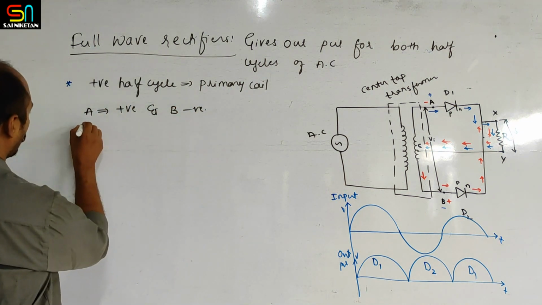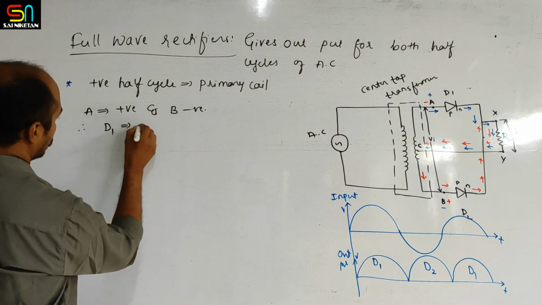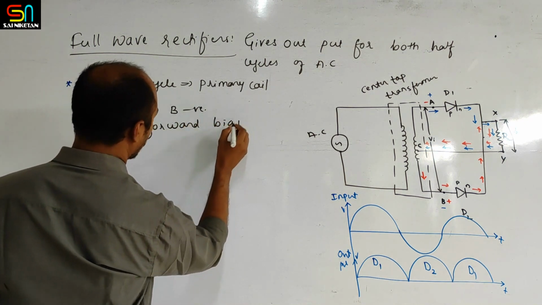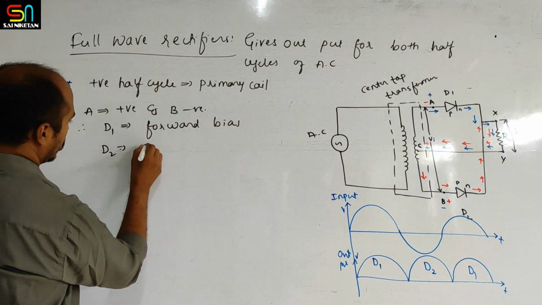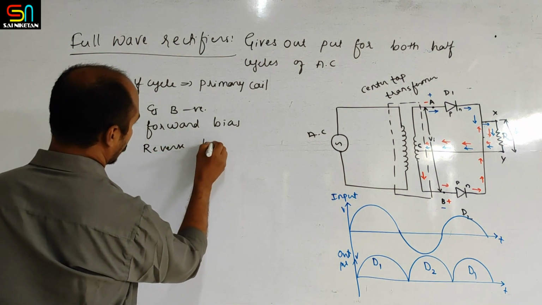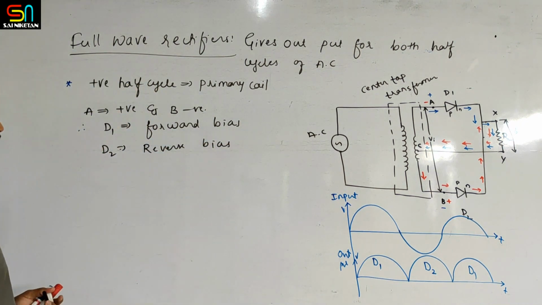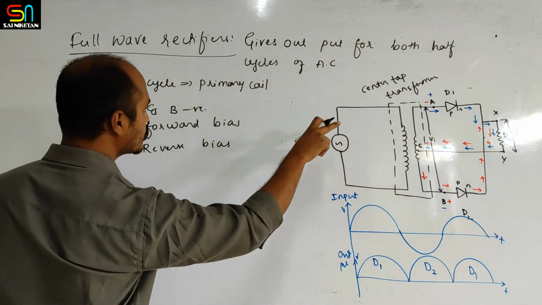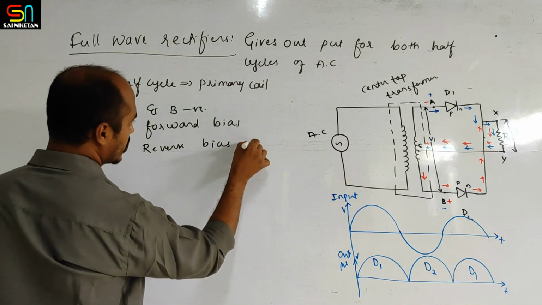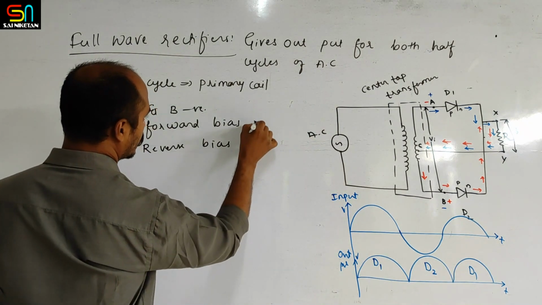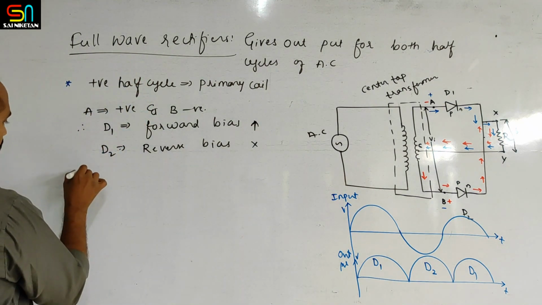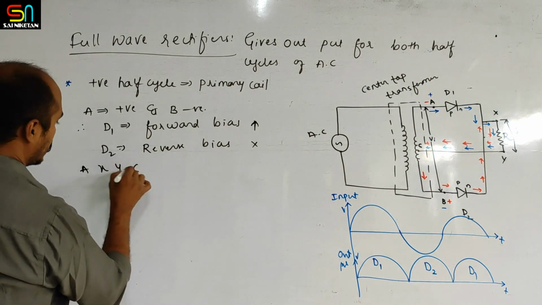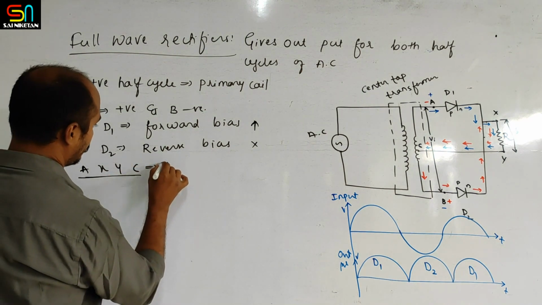Therefore D1 is in forward bias condition, and D2 is in reverse bias condition. Because of this, current flows through D1, but D2 is in reverse bias, so current does not flow through it. Hence the direction of current is A, X, Y, C.